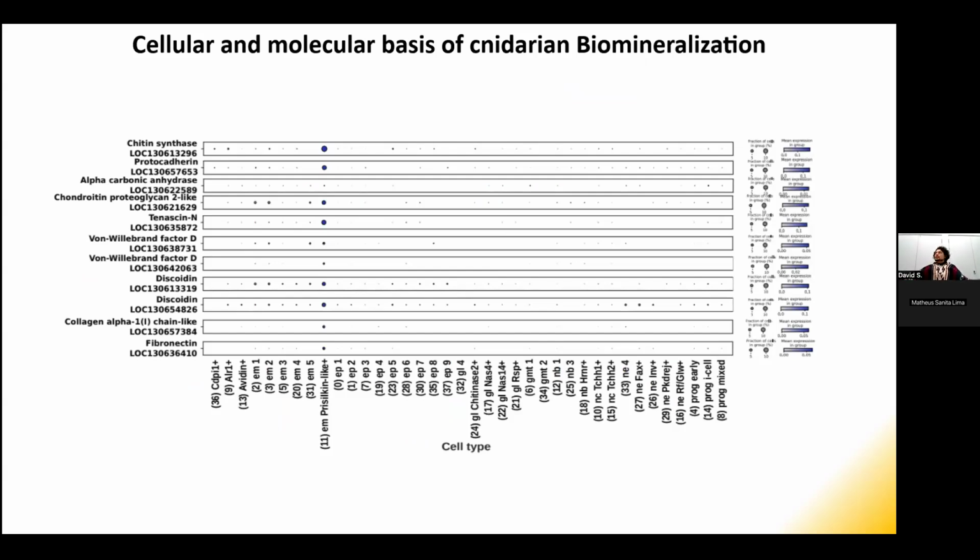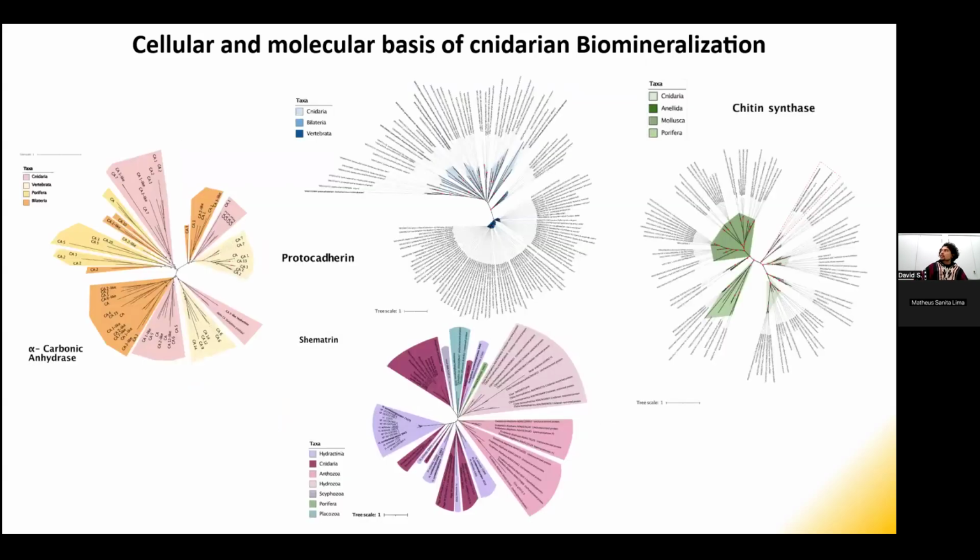We managed to annotate some of these genes, and we saw that some of these are part of the biomineralization pathway, like chitin synthase, protocadherin, alpha carbonic anhydrase. And when we do a gene tree of each of these, it's verified that they are these genes indeed, and that they are unique.